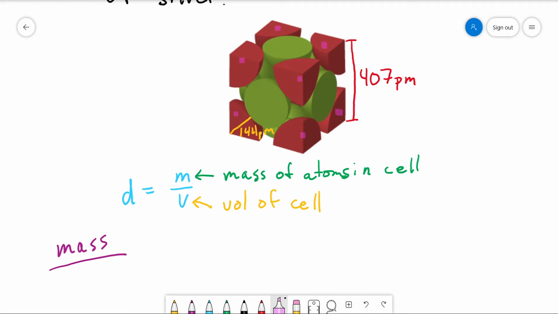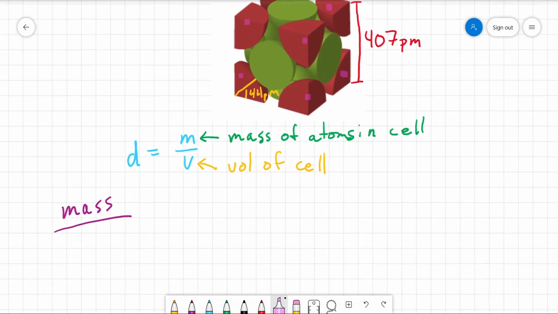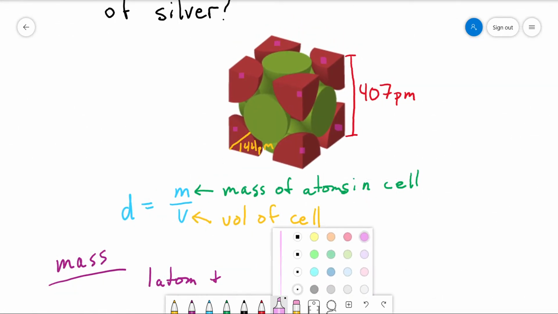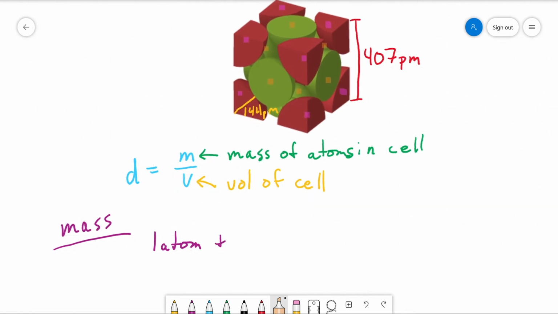So that's 8/8, that's one atom, plus, let's count up those halves. There's 1, 2, 3, 4, 5, and then back there's a sixth one. So there's 6 halves, so that's 3 more atoms. 1 atom plus 3 atoms is 4 atoms in our cell.